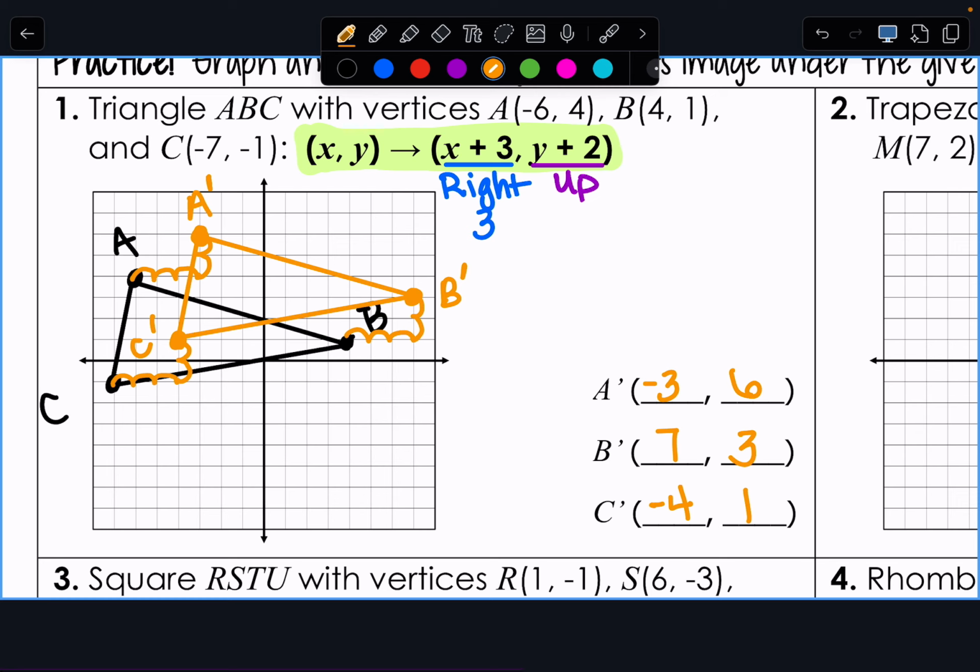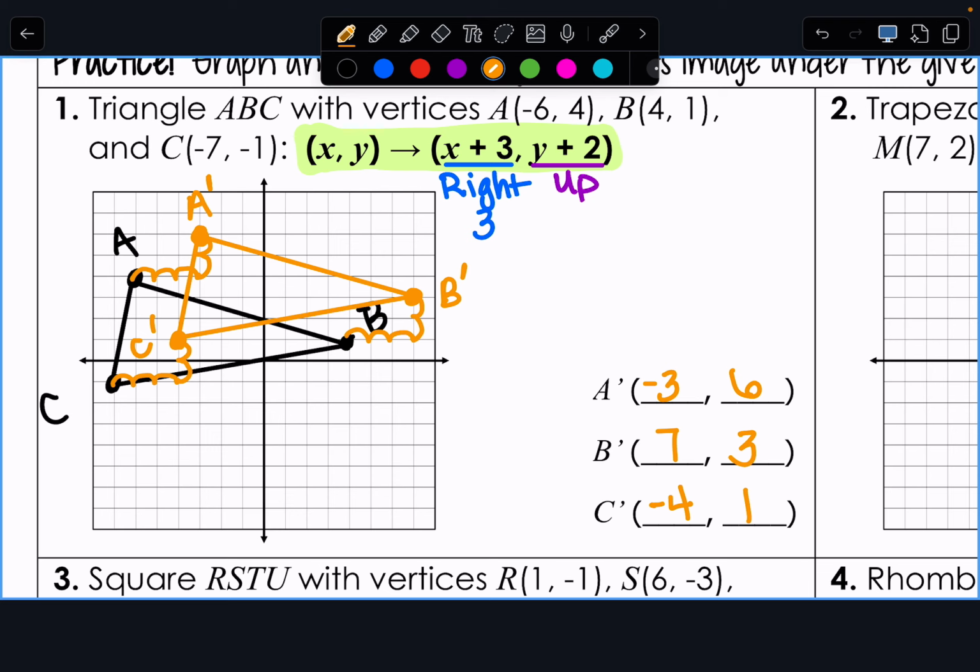I think it is going to be better for you to count on the coordinate plane and then decide what the new coordinate is. But I want to give you a way to check to make sure you did it right. This +3 and +2 is telling you what should happen with your x and y coordinate.